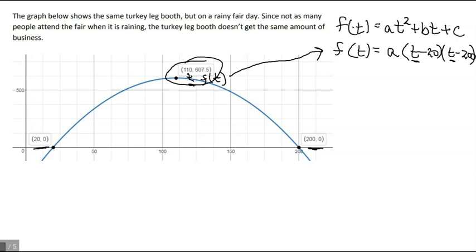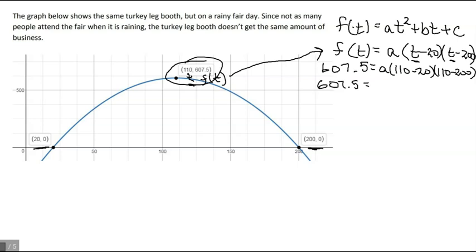So f of t would be 607.5 equals a times 110 minus 20 times 110 minus 200. And now I'm going to simplify.